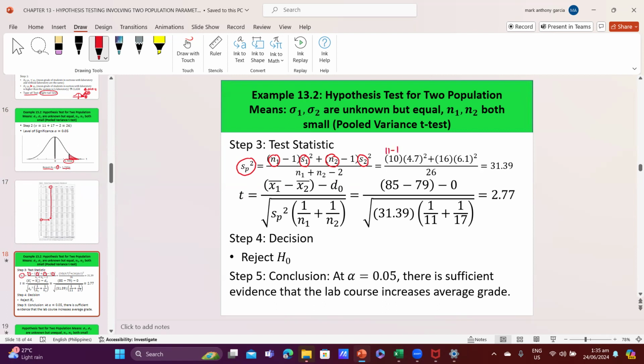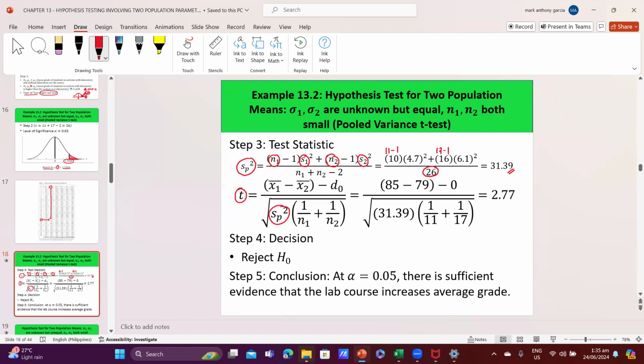This is from 11 minus 1. And then this one is from 17 minus 1, so that's 16 times 6.1 squared, divided by our degrees of freedom, which is 26. So this tells us that our pooled variance is 31.39. We shall use this pooled variance in the formula of the t-test statistic.